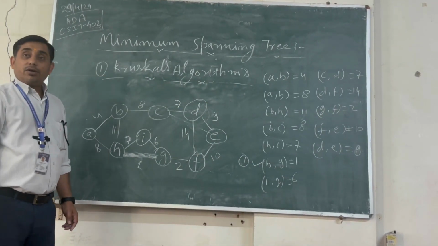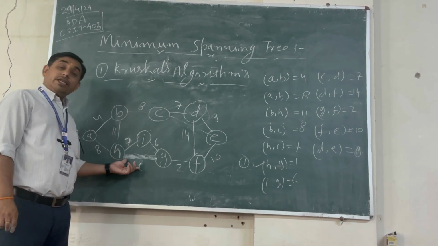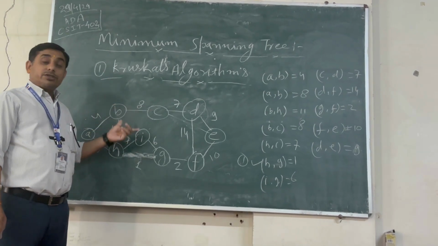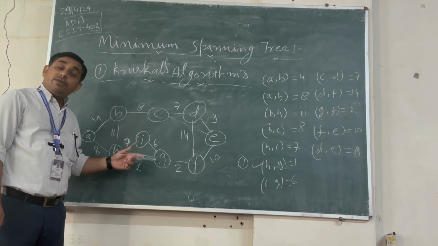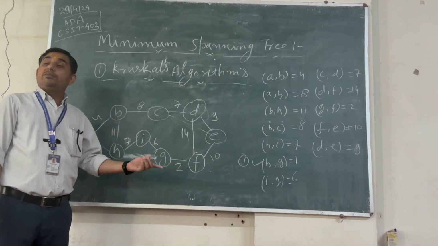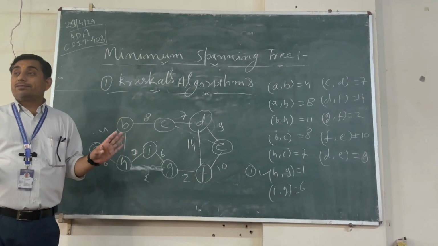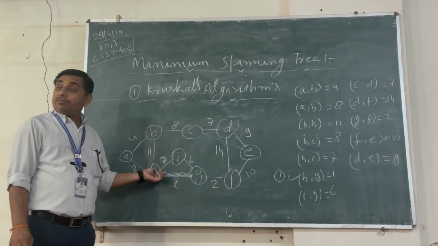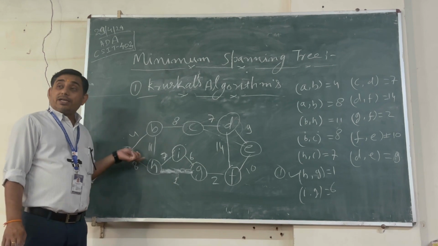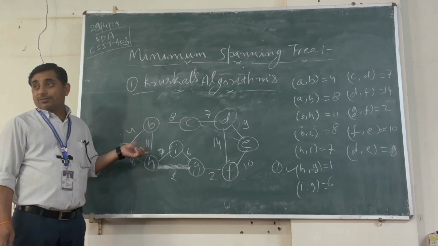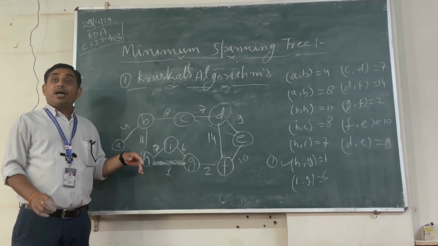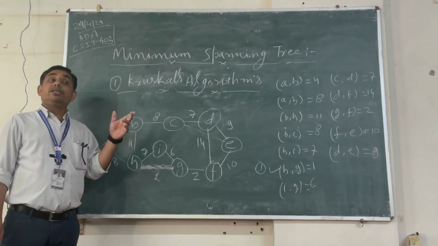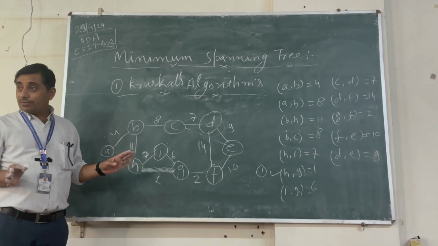Okay, and in the Kruskal algorithm, again we find the minimum edge between any two vertices. There is no limitation to find the edge between the connected ones.